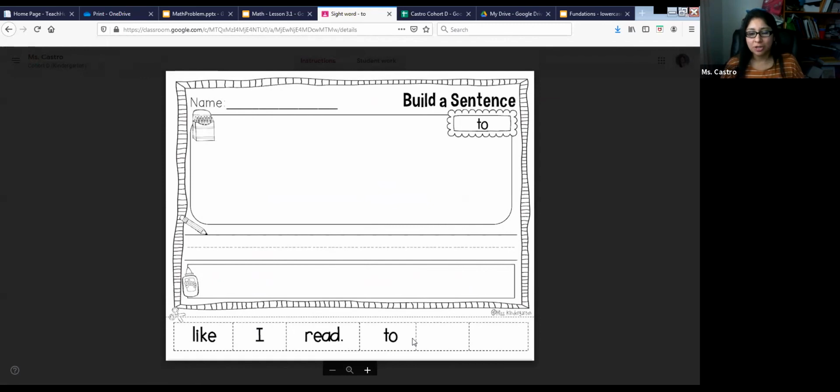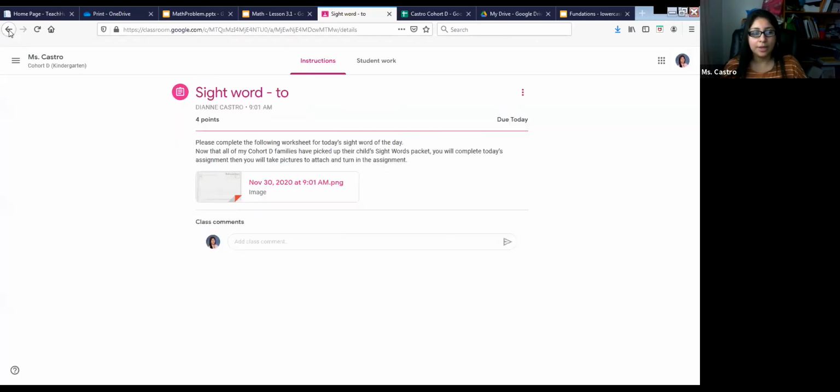So your job, boys and girls, is to cut out those words and to glue it where you see the glue bottle. You have to glue it correctly. So it sounds like this. I like to read, okay? Then you write the sentence on your own where the pencil is, and then you illustrate a picture of you reading, okay?